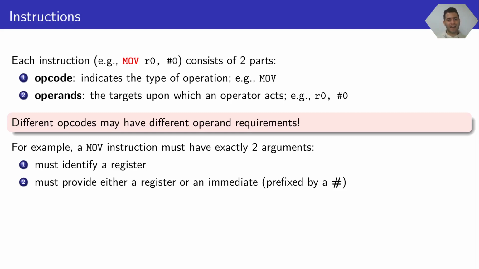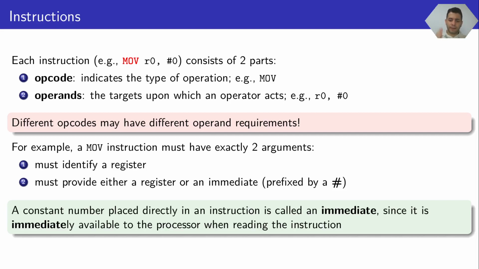In this case, I am expressing the semantic of this operation using a natural language, the English language, a very error-prone English language, but the semantic of the move means I am moving the 0 value into R0. And at the end of this operation, in R0, we will find the 0 value.